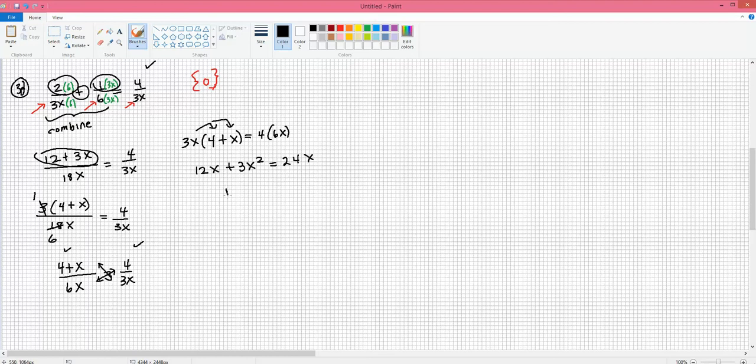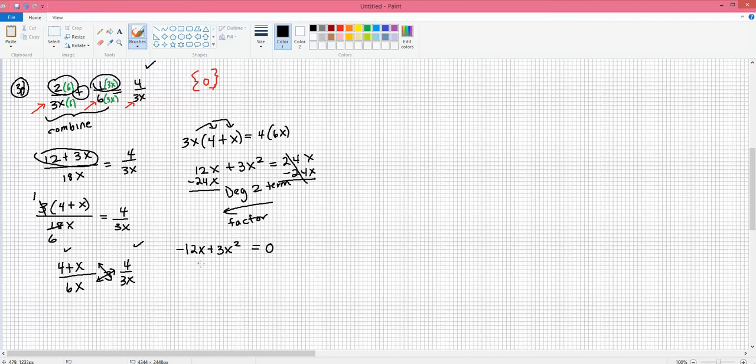Now you see how you have a degree 2 term? You have to move everything to the left and then factor. So minus 24x, minus 24x. All right, gotta get 0 on the right. And this is minus 12x plus 3x squared.